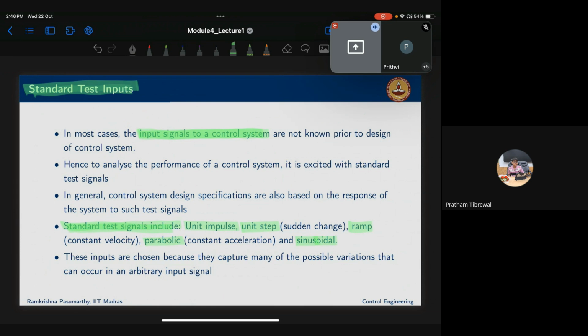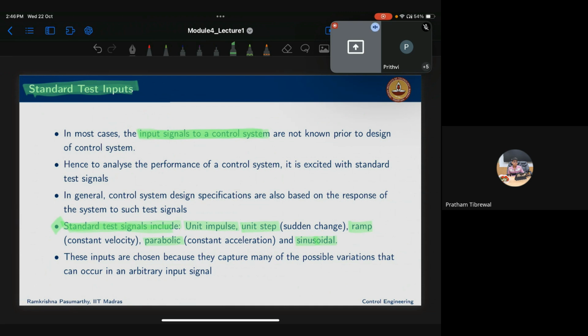It means that if you know the response of any system for these standard input signals, it is very apparent that we can find the response for the unknown input signals also, because unknown input signals can be written in terms of these standard input signals. So the basic necessity here is to start our study by finding the response of the systems to these standard input signals. That is what we are going to do. That is the first point.